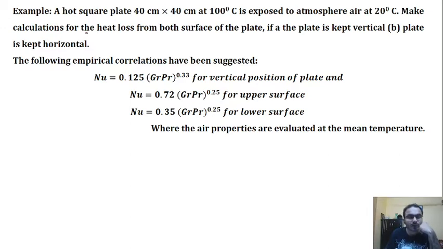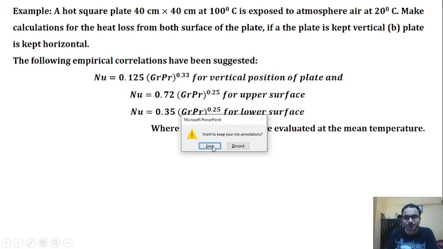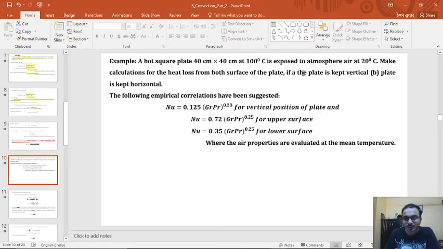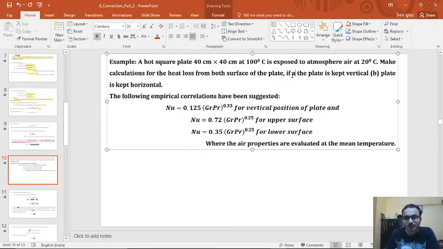Make calculations for heat loss through both the surfaces of the plate if the plate is kept in two cases. Case 1 is A, the plate is kept vertical, and the second case is the plate is kept horizontal.